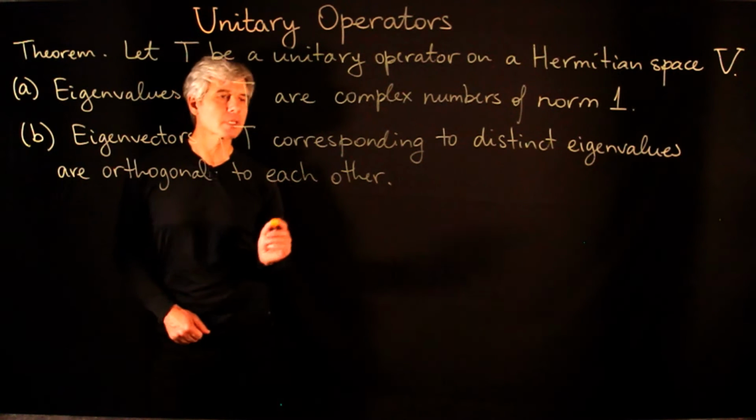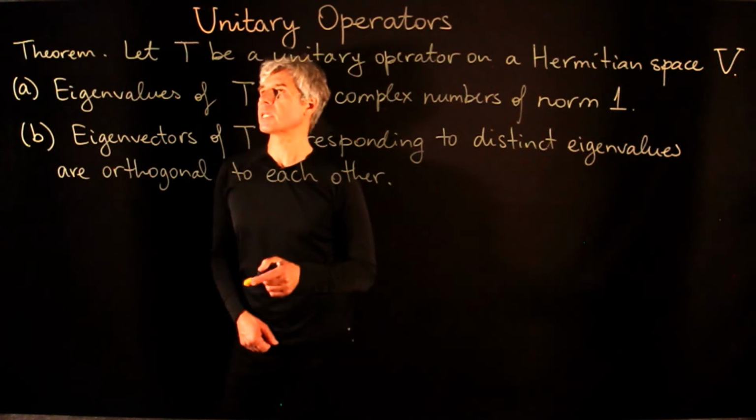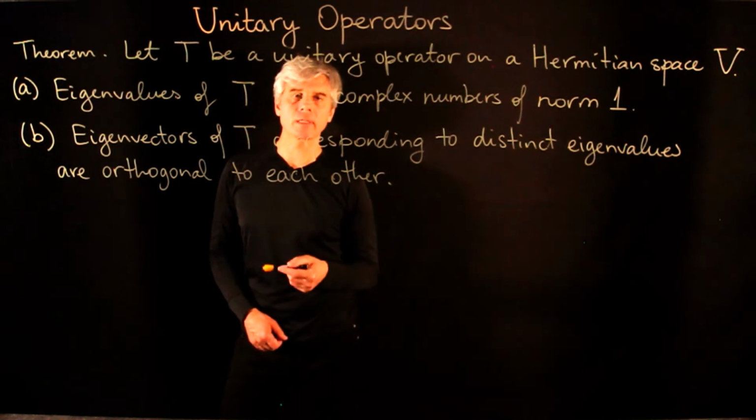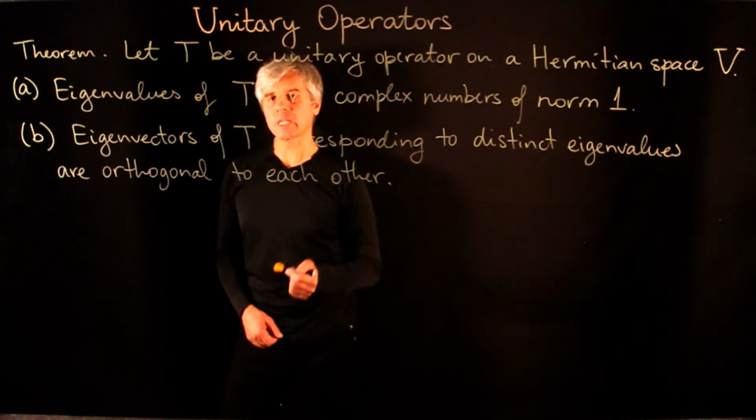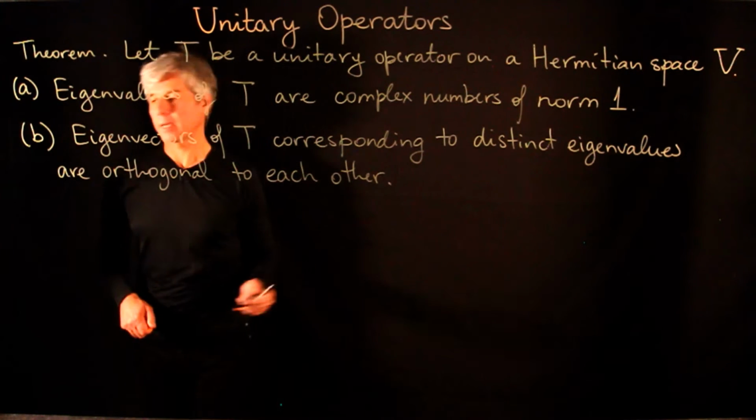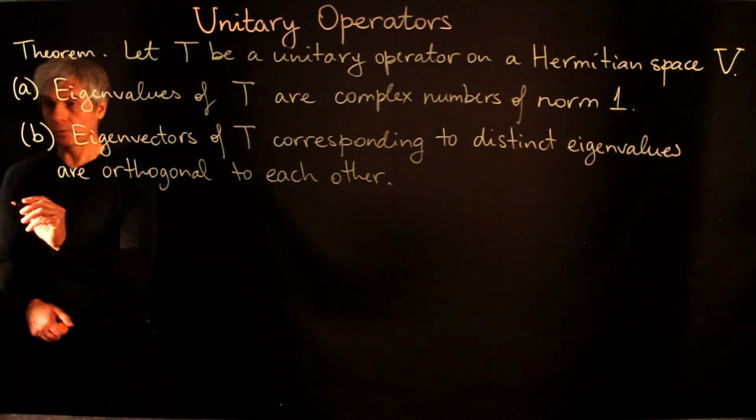We point out that this theorem is valid both in the finite dimensional setting as well as in the infinite dimensional setting. So let's give the proof of this theorem.